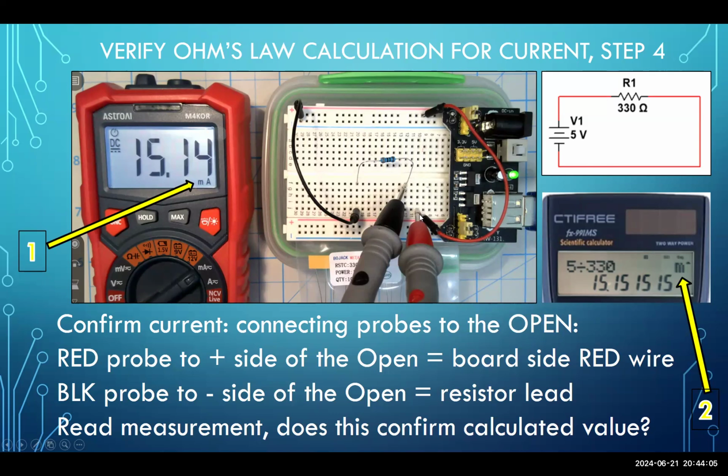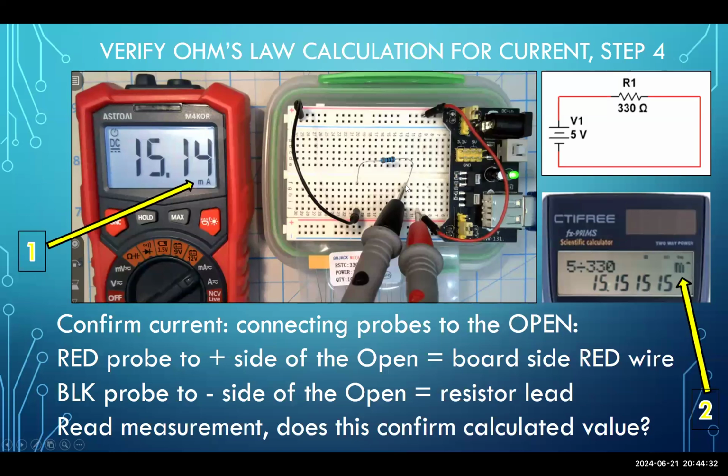And again, the only place to put our probes for measuring current is at the open, never where we had hooked up the probes for voltage. Only here. Never put this black probe on this side of the resistor while the red probe is here. That'll blow out your fuse really, really quick. So the open is created between this red jumper wire on row 10 and the resistor on row 12.